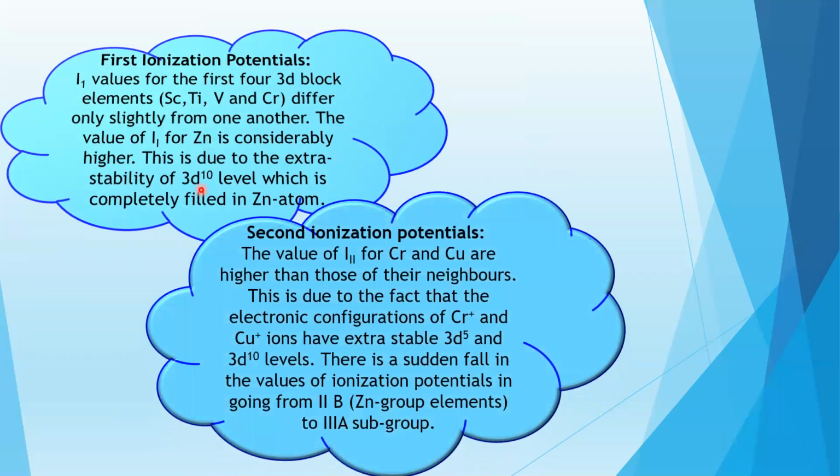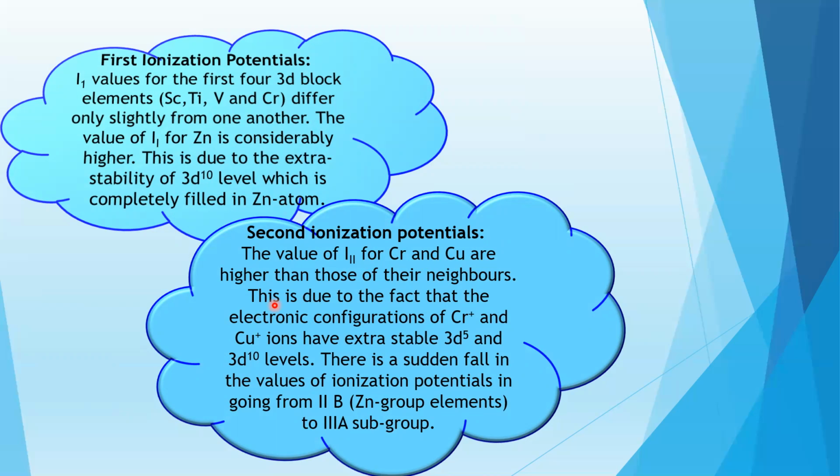Second ionization potentials for chromium and copper are higher than those of their neighbors because they are half filled and completely filled. As we have learned, half filled and completely filled orbitals are more stable than any other. So the values of I2 for chromium and copper are higher than those of their neighbors.